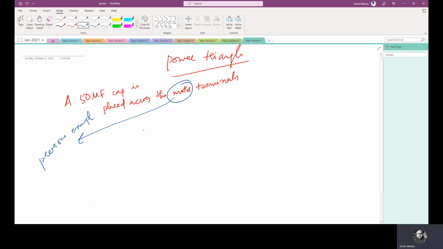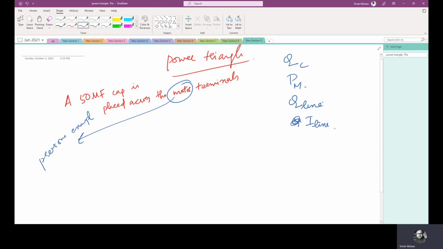I will list out the data here. Now you are asked to find the reactive power generated by the capacitor, active power absorbed by the motor, reactive power absorbed by the line, and the new line current.